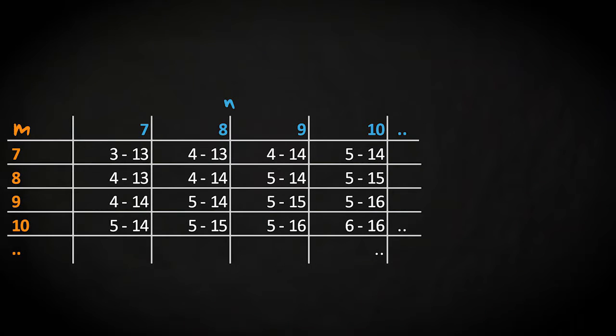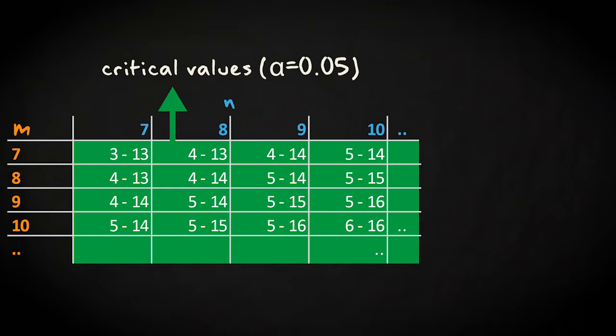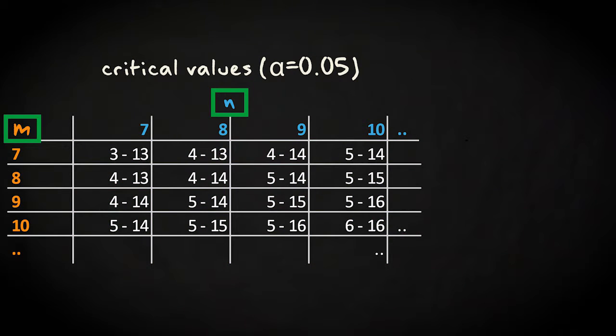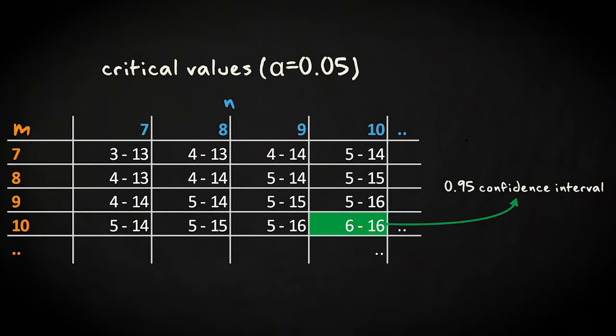As you see, the table specifies the critical values of the number of runs for each combination of group sizes m and n. The values in the cells are critical levels for the 0.95 confidence interval. So if you find a number of runs that's equal to or lower than the smaller value, or equal to or higher than the larger value in a cell, you would reject the null hypothesis at a significance level of 0.05.